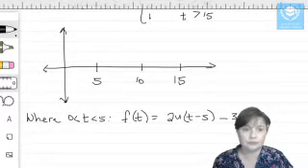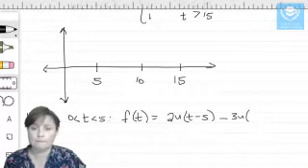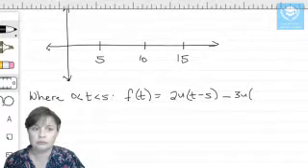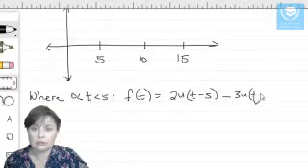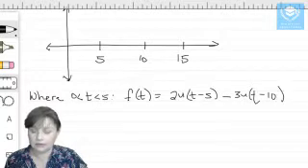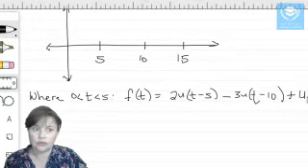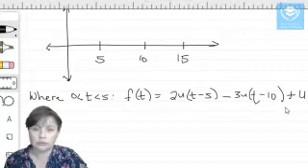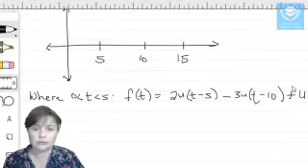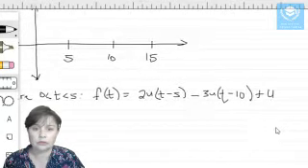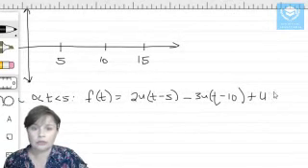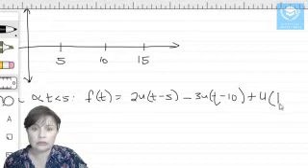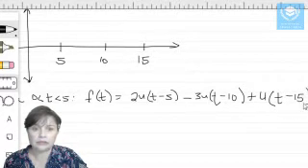plus 3u of t minus 10 plus u of t minus 15.